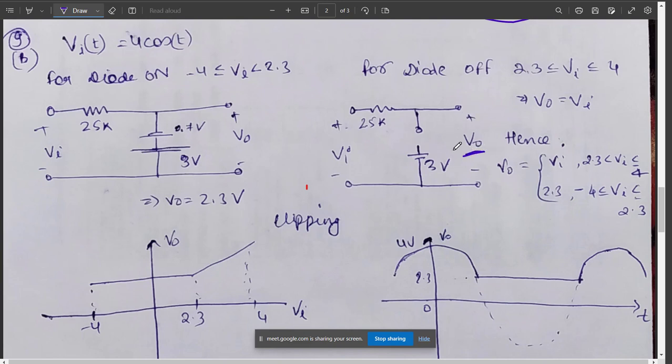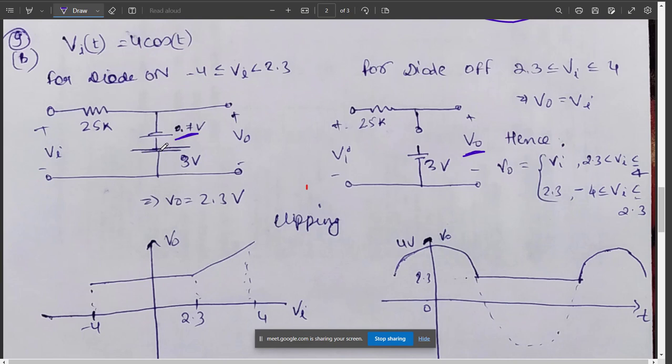So when diode will be off, all the Vi will come here and it will show as VO output. When diode will be on, in ideal case it would be short circuit, but since here it's a practical diode, it will be a potential drop of how much? 0.7 volts.